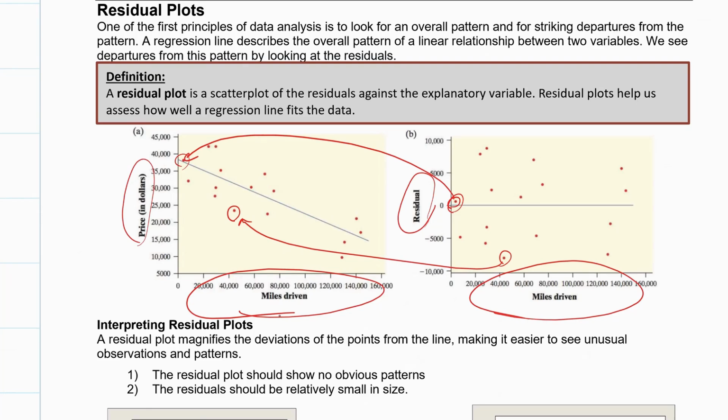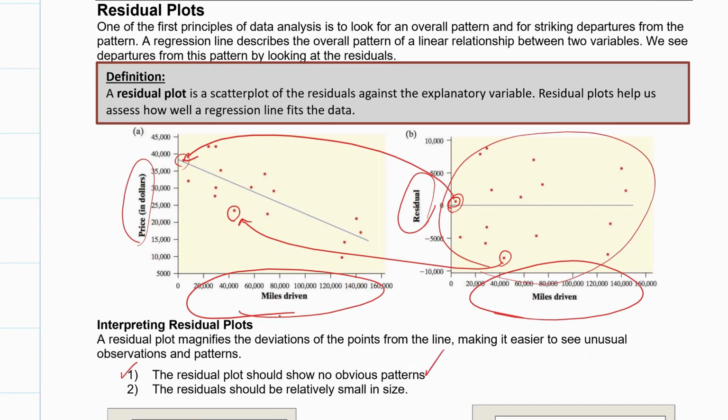Now, what does it mean to interpret the residual plot? Well, we're looking for two things to confirm the linearity of the original data. One, when we look at the residual plot, there should be no obvious patterns, because the randomness inherent in these predictions should be spread evenly throughout all of the data. And if we look here, I don't see any particular pattern.